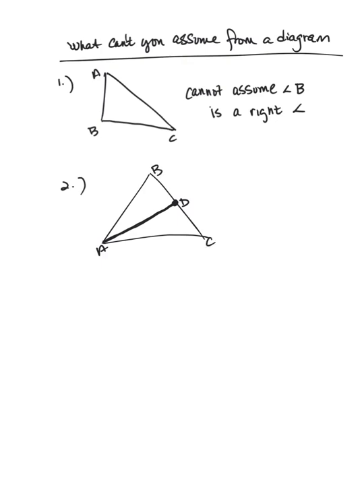It looks like that, right? But you can't assume it. So you cannot assume that AD bisects BC, even though it looks like it.